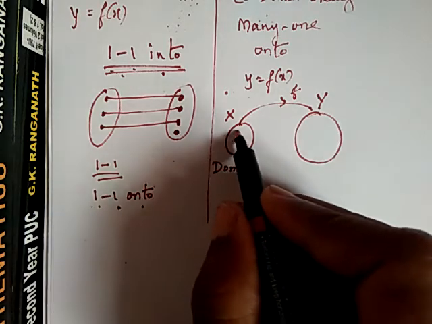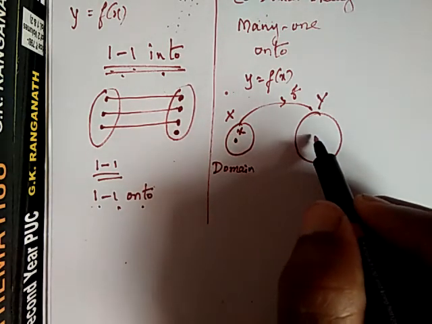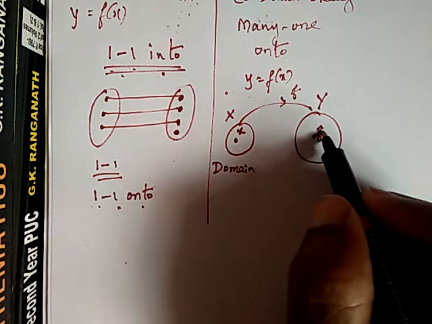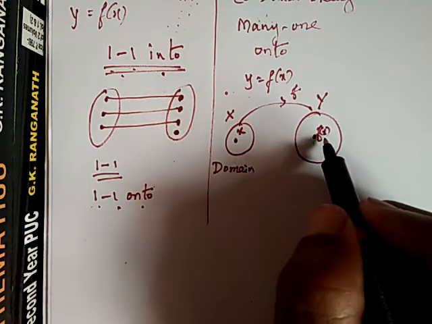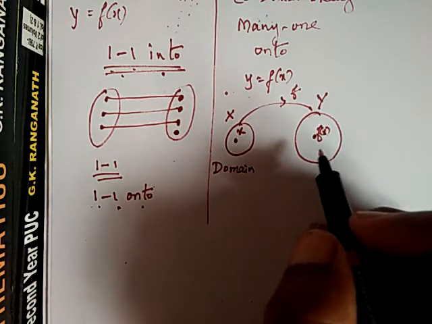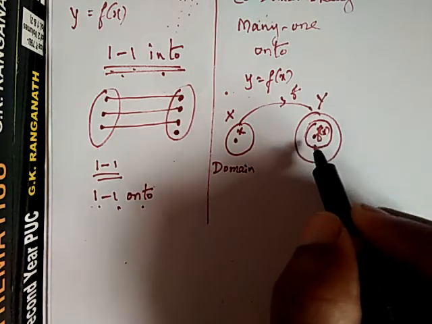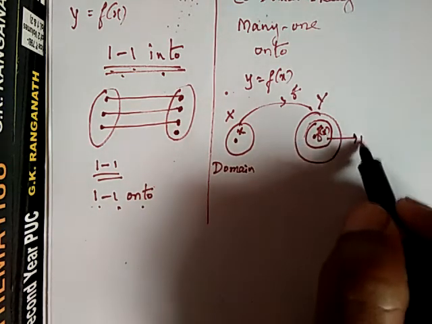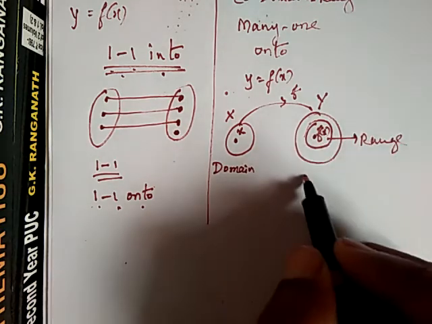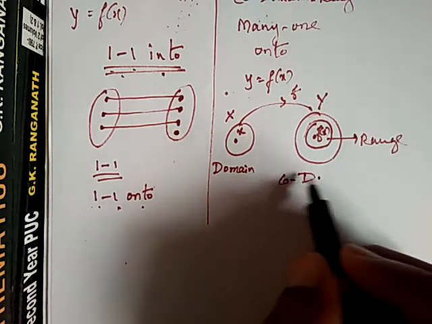If the element is x, then you will get f of x. So if some elements are there like this, this is nothing but your range, and this is your codomain.